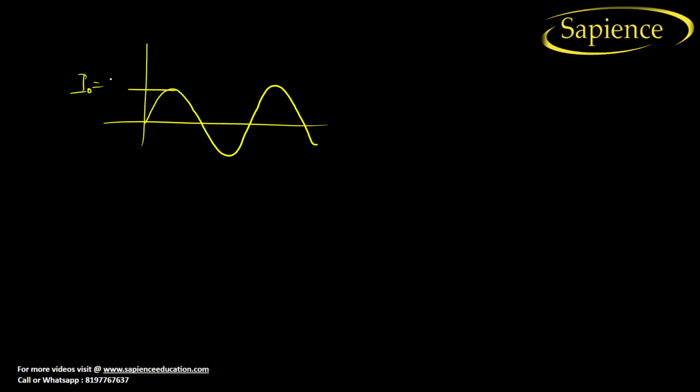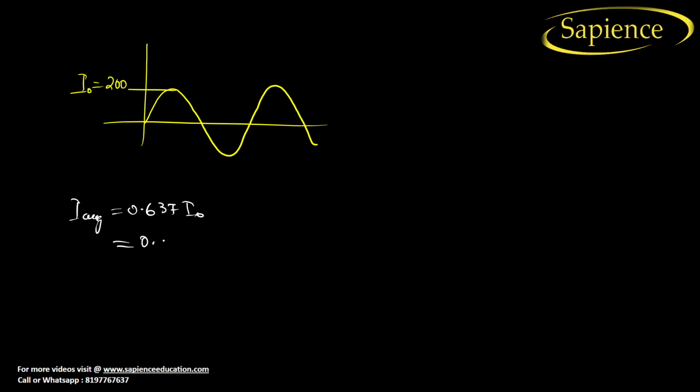If you observe it graphically, let us consider this is a graph, and we have a cycle like this, and we have a maximum current. Suppose the maximum current is your I naught, with a value of 200. We want I average, so I average is equal to 0.637 times I naught.